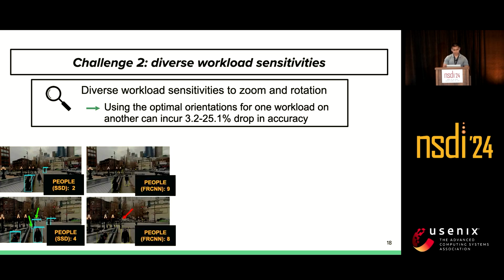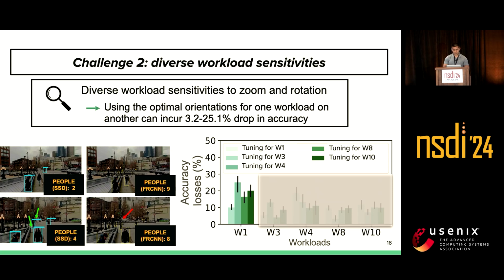However, when we consider a slightly different query with a faster RCNN model instead of the SSD model, we can see that zooming in actually results in poor performance since we capture one less object. We conduct some larger experiments using workloads that were derived from existing studies. And we see that using the optimal orientations for one workload on another can incur significant drops in accuracy.